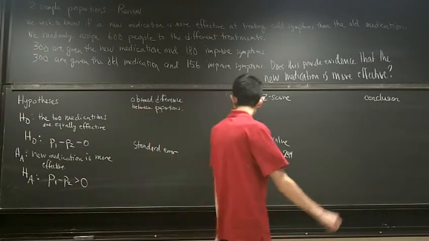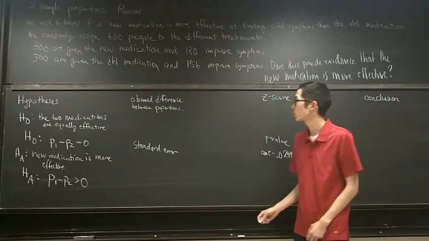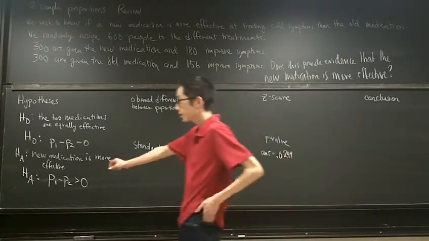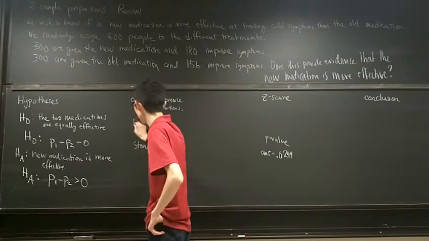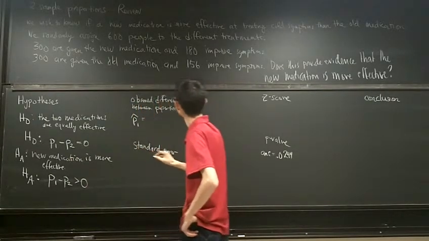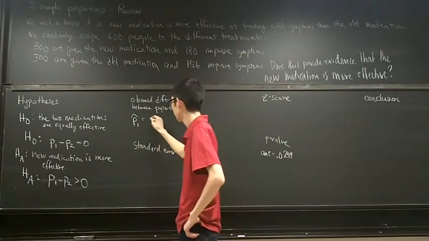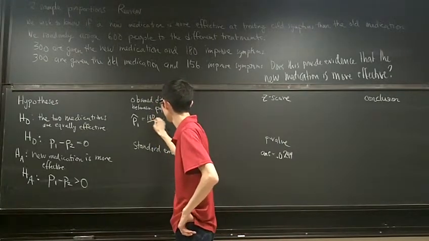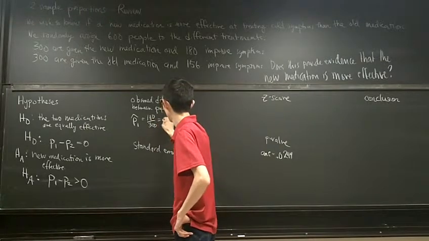Okay, what is our observed difference between proportions? Over here I've got P's without hats, but over here I'm going to calculate P hats, right? So what is P1 hat? It's going to be 180 over 300, 0.6.